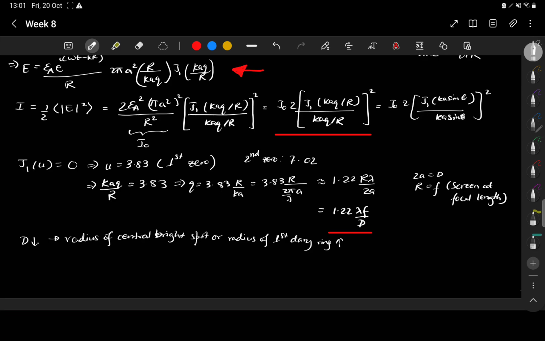That means if my aperture size decreases, then my diffraction pattern size increases, which is true because there is an inverse Fourier relation between the diffraction pattern and the aperture.